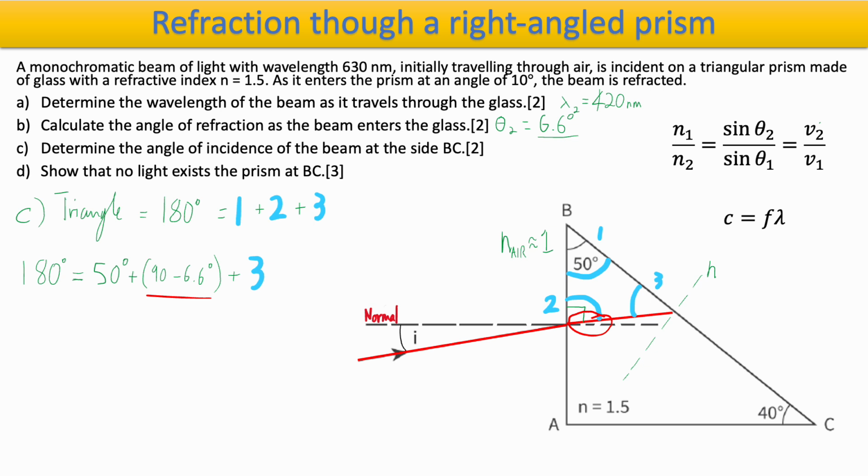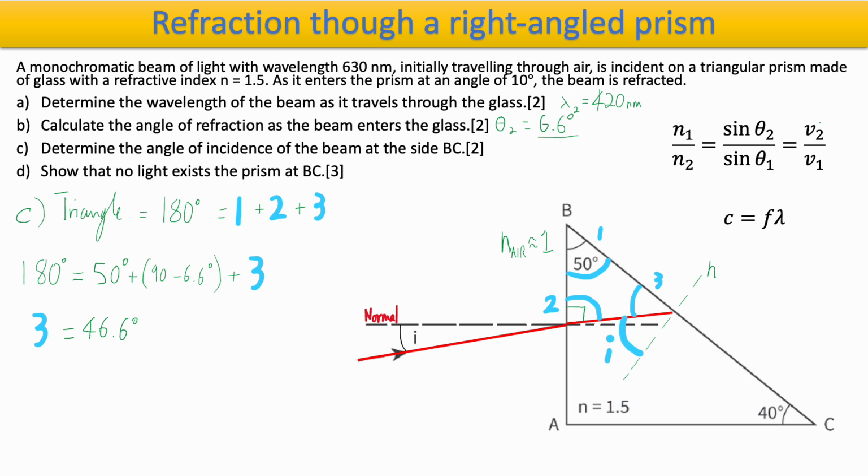But it's not really. The angle of incidence is actually this angle here between the normal and the ray. Okay, so the angles are always measured between the normal and the ray, and what we're looking for is in red there, angle I. So running through that second line of the equation gives us an angle of 46.6 degrees.